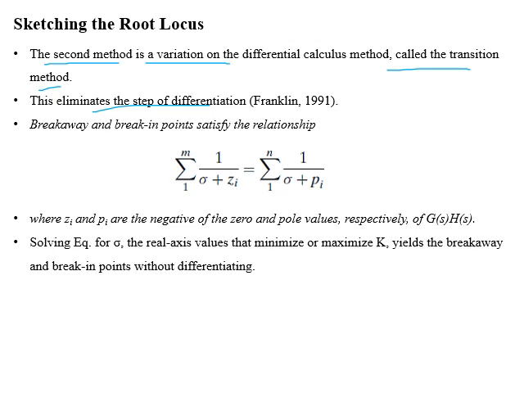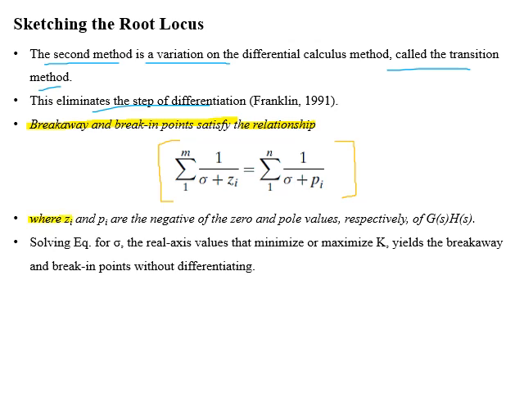Students, the breakaway and break-in points must satisfy the relation: sum of 1 over (sigma plus zi) must be equal to sum of 1 over (sigma plus pi), where the system has m zeros and n poles.